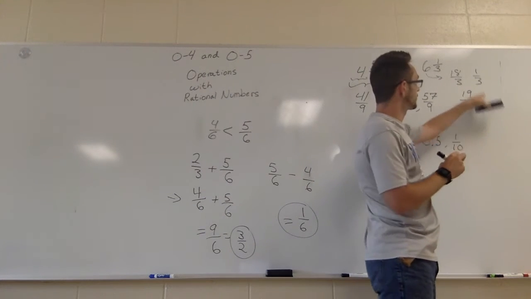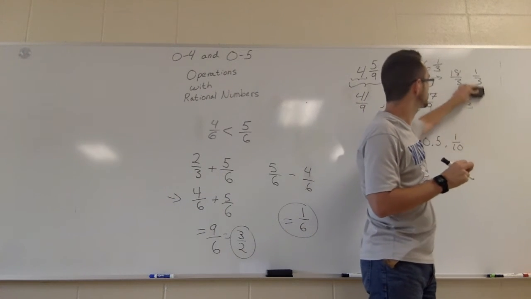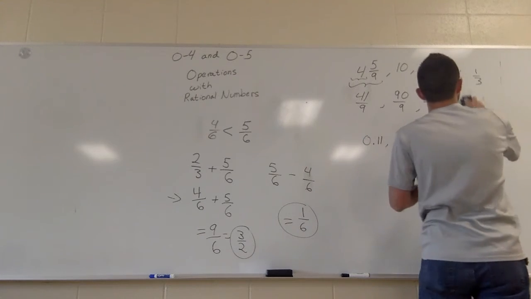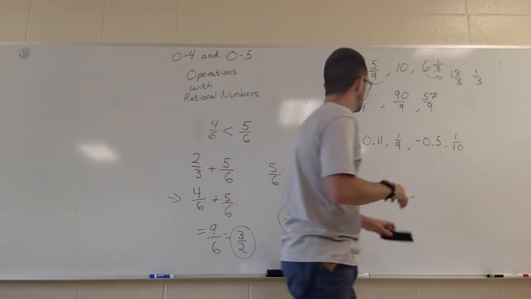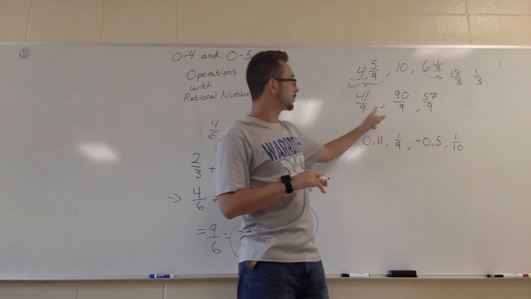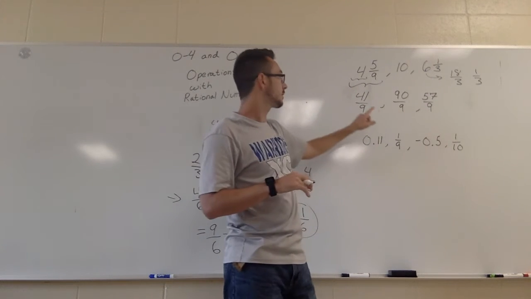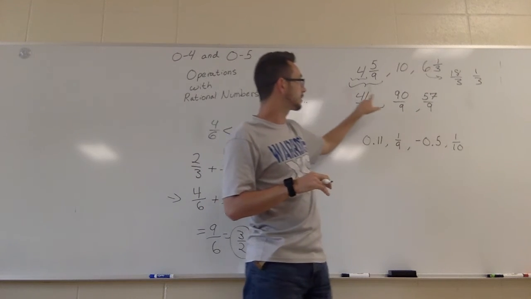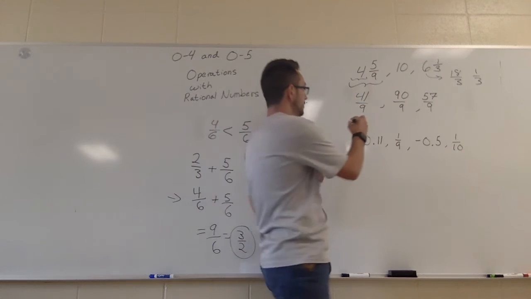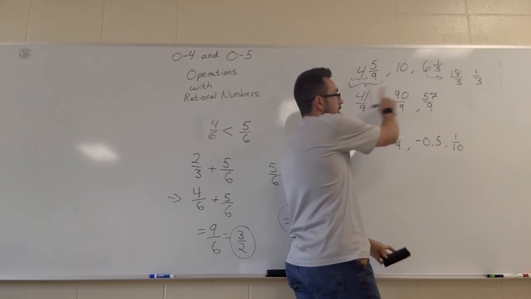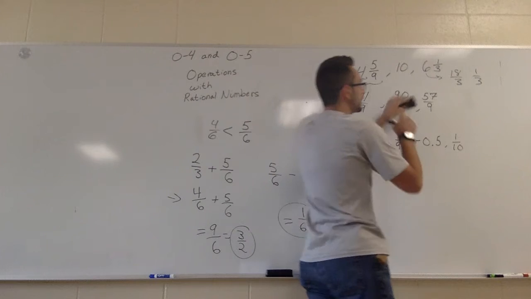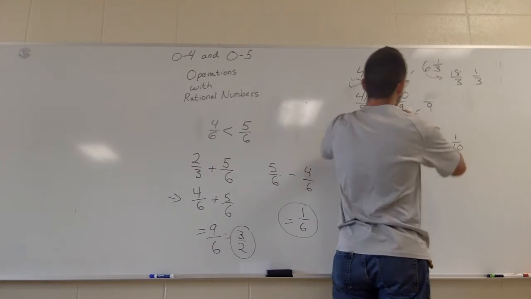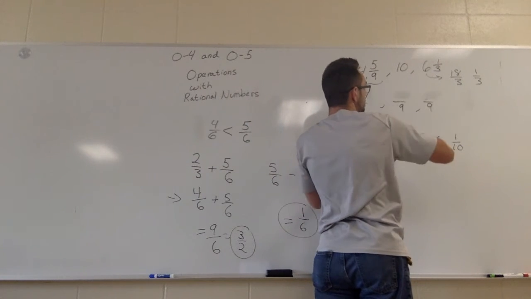So now we change this into this. And if I want to put those in order, now that they're all the same bottom number, I can just rearrange the top one, so I know it would go 41, and then the 57, and then the 90, so I'll have to move those around.